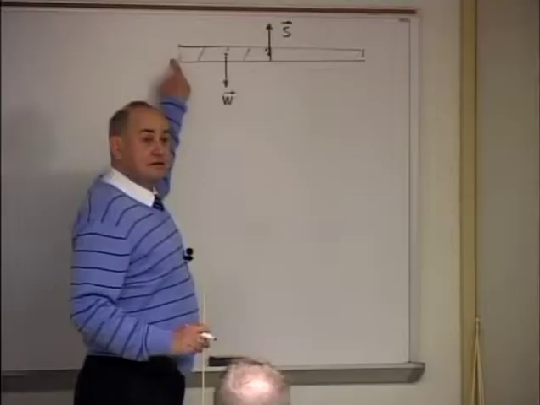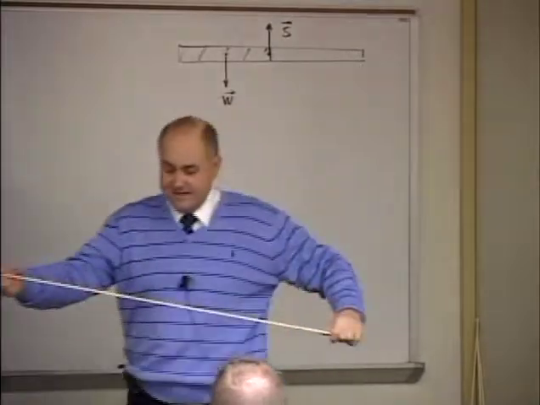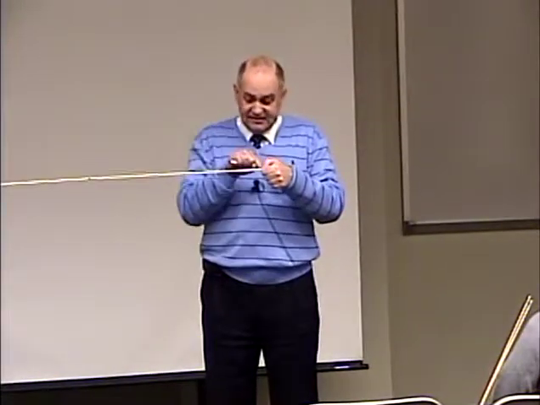Consult with each other, where could we find an interaction which would result in a torque in? Over here? All right. Yeah, with my hand, I'm interacting with that part of the rod.